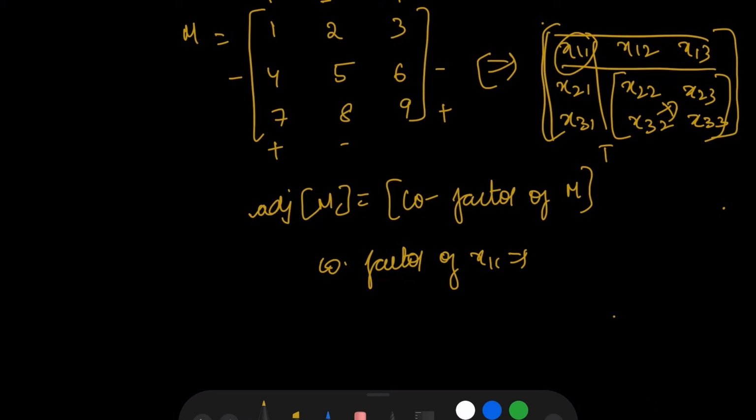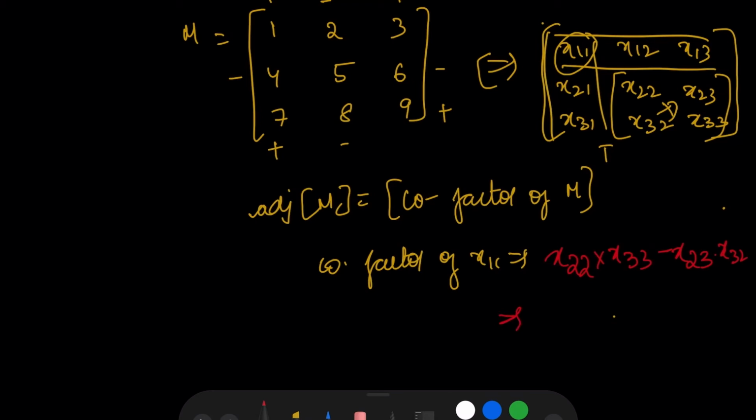So x22 into, let us use a different color, x22 into x33 minus x23 into x32, right?